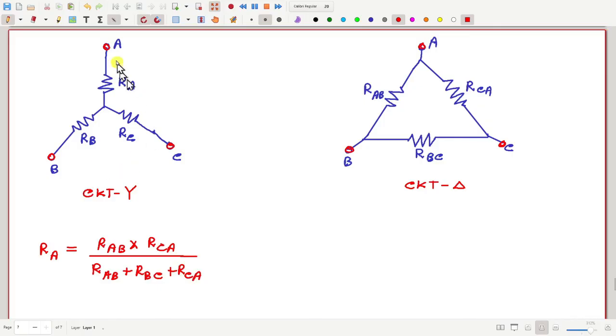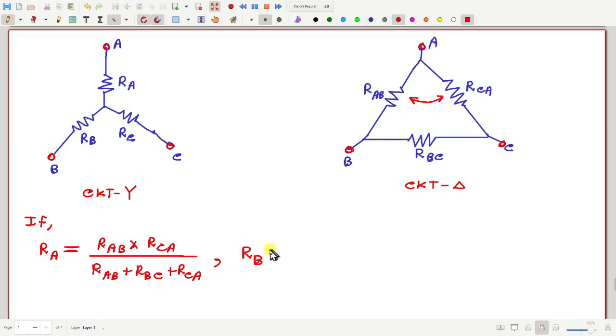So you see RA is the resistance connected to node A, which is equal to, in the other circuit, the product of the two resistances RAB and RCA, which are connected to node A, divided by the sum of the three resistances.